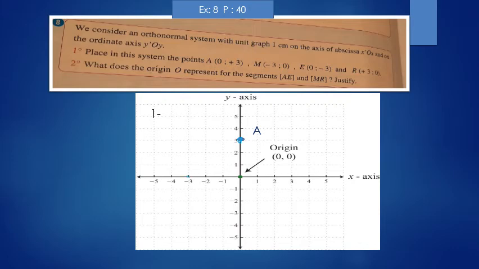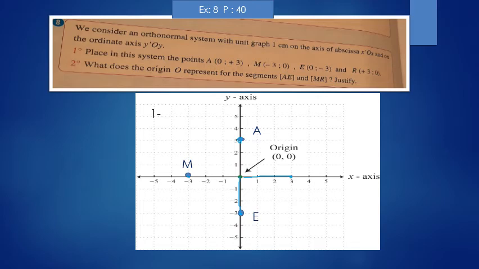Here, it's the point M. E(0, -3), the abscissa is 0 and I have to go down 3 steps. So this is point E. R(+3, 0), here is plus 3. Since it has ordinate 0, then it belongs to the x-axis.